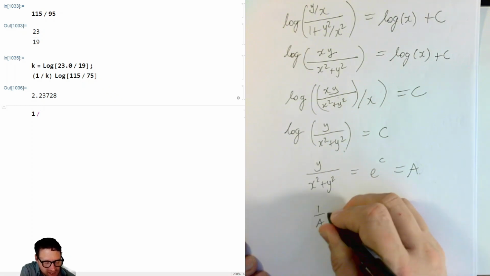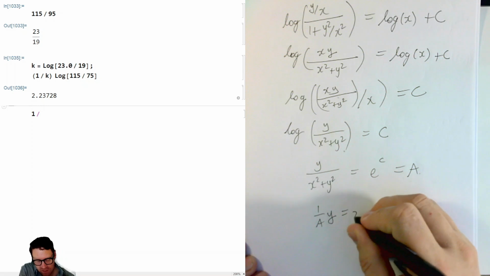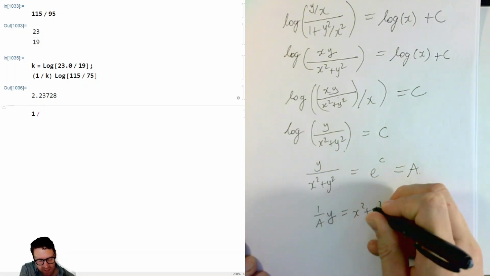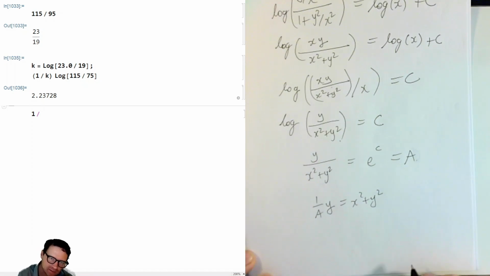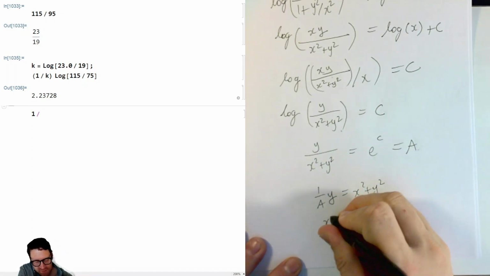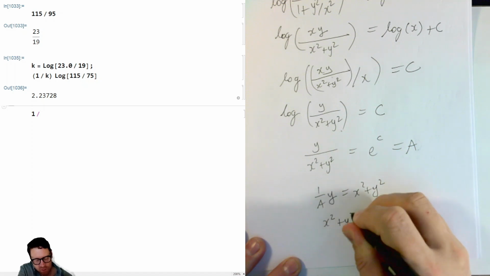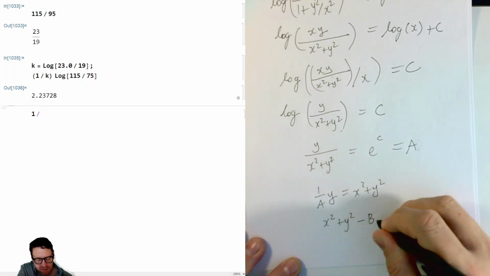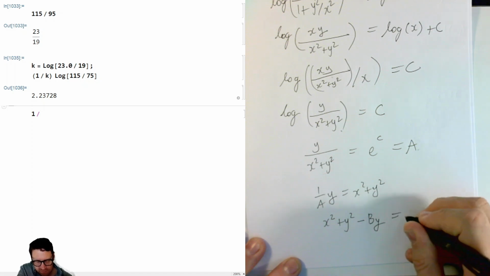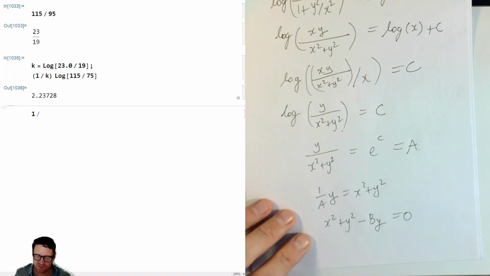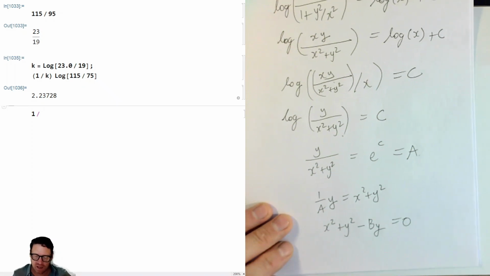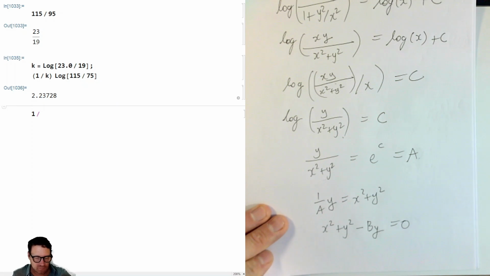So we'll have 1 on a times y is equal to x squared plus y squared. And then let's rename the 1 on a as b. And so we can write this solution as x squared plus y squared minus by equals 0, or x squared plus y squared equals by. Okay, so there's our general solution to that homogeneous differential equation.